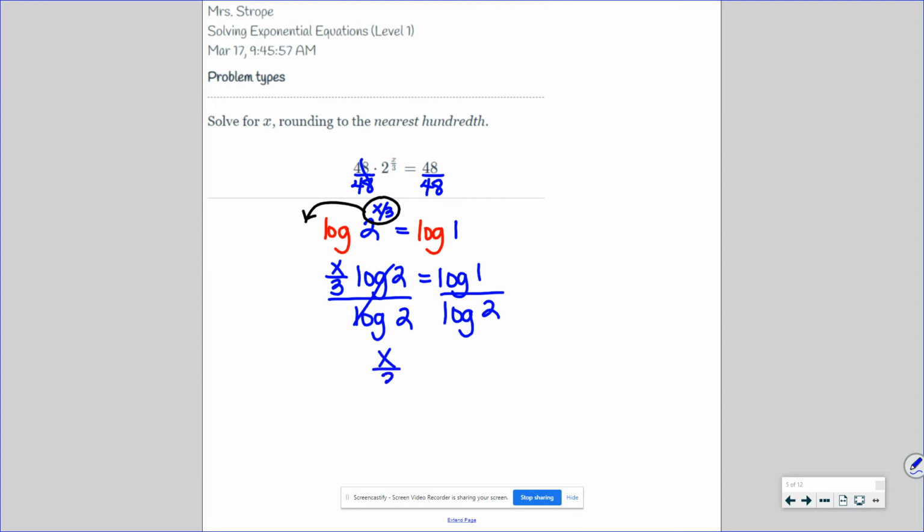So x over 3 is equal to log 1 over log 2. You're going to just use your calculator to help you there. So log 1 divided by log 2 is 0 because log of 1 is 0. And then you would multiply by 3. And you would still have x equals 0.